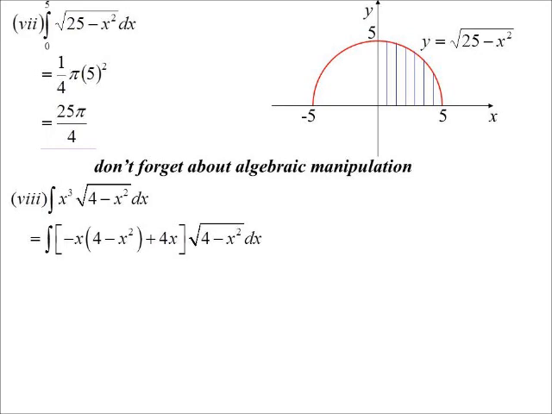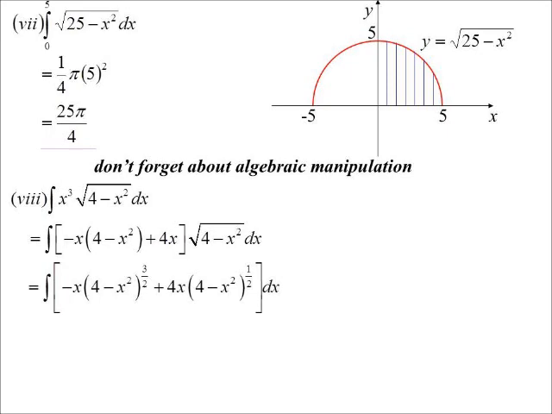But I've turned the x cubed, if you like, into minus x times 4 minus x squared, plus 4x. That 4 minus x squared is matching what's under the square root sign. But then if I subtract 4x, I've got to add 4x. Now, apart from you now thinking, he's just gone crazy, why on earth would you do this?